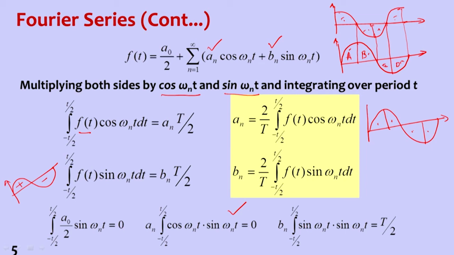So sine function multiplied by sine function integrated over the period is non-zero, while sine function and cos function integrated over the period is 0. So bn has a value, while an will be 0. This value is 0 and this one is non-zero.